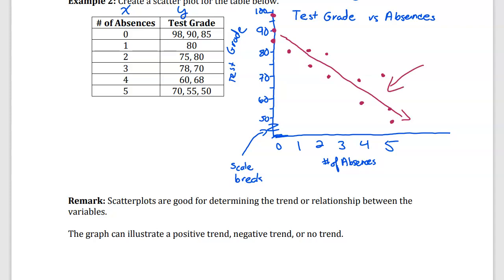This line right here is what we consider a best fit line, or the trend line. And it's the one that's going to best fit all of the data as close as possible.